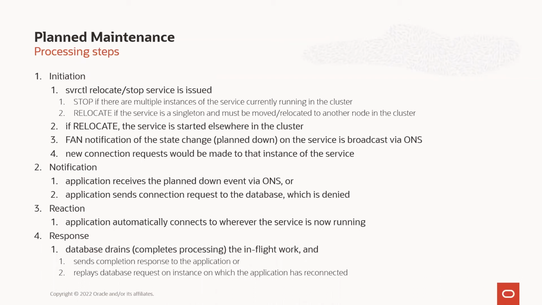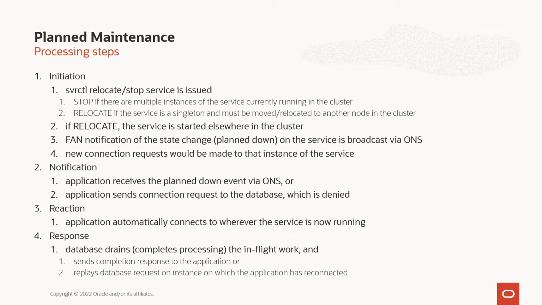Then in reaction to all this, of course, the service is running somewhere in the cluster. And so the application must be configured to automatically reconnect to wherever that service is running, regardless of how it received notification that it's not running where it thought it was. Okay, so no matter how it's received notifications, the reaction is simple. It automatically reconnects where the service is.